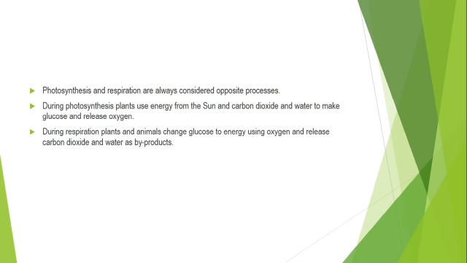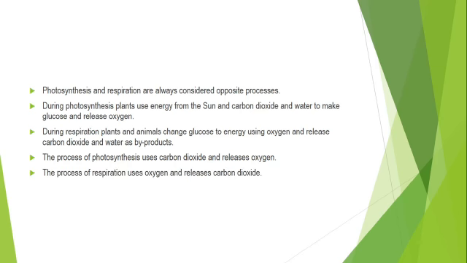And then during respiration, plants and animals will change glucose to energy using oxygen and release carbon dioxide and water as the byproducts. So carbon dioxide that is released during the process of respiration is needed for the process of photosynthesis. The process of photosynthesis uses carbon dioxide and then releases oxygen, whereas the process of respiration uses oxygen and releases carbon dioxide.